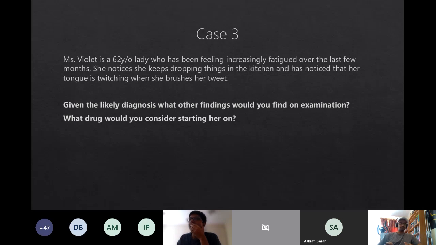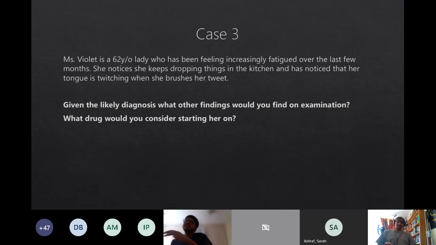We're on case 3. It is not ptosis, but I understand why you have said ptosis. We spoke about this a couple of weeks ago. We've done this. Ptosis is a good answer though, but it's not ptosis. Seeing the visual aids would make it a lot more clear cut. It's just my bad case writing.